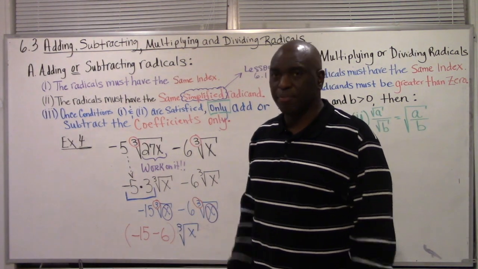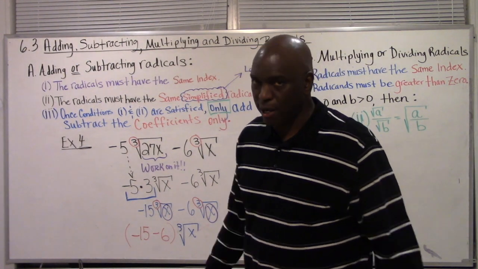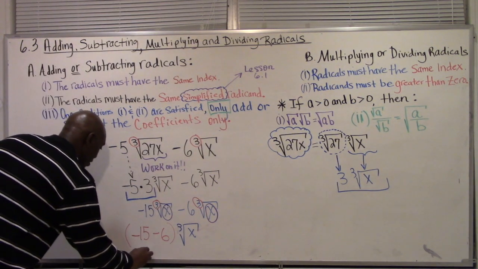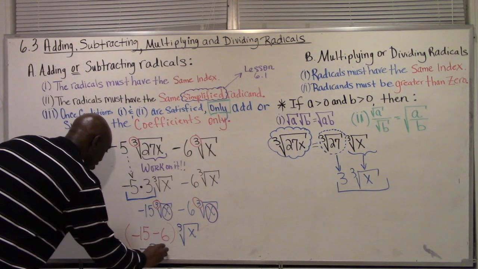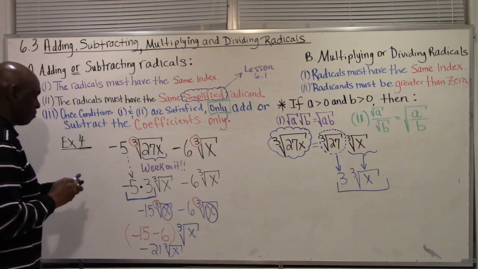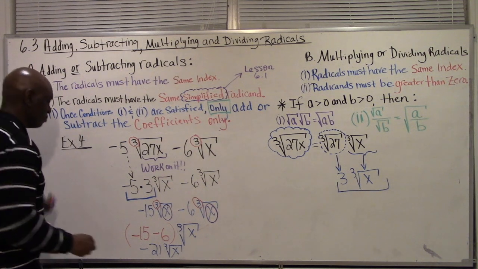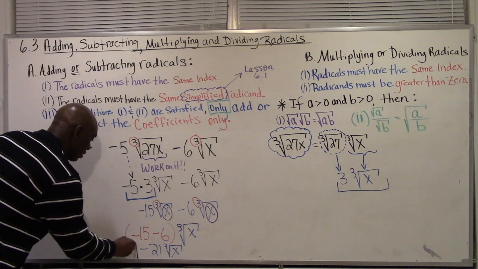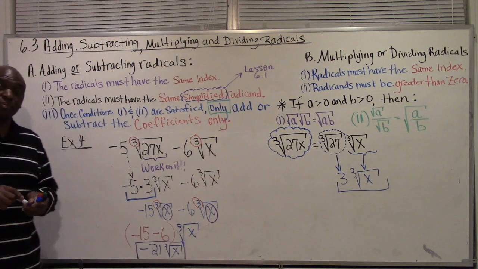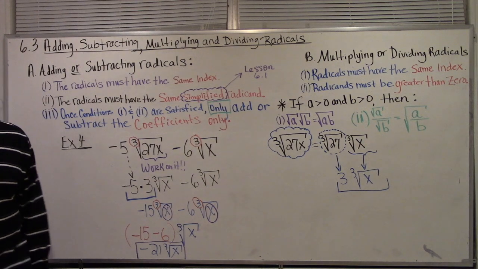You really should. Okay? Alright, negative 15 minus 6, negative 21 cube root of x. And we're done. That's the answer to the problem. Negative 21 cube root of x. That's it. That one's done. So we're finished with example 4.